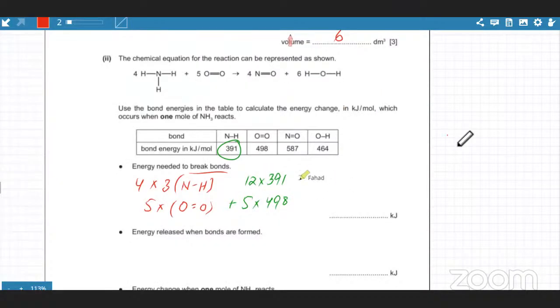So this comes out to be 7182 kilojoules.